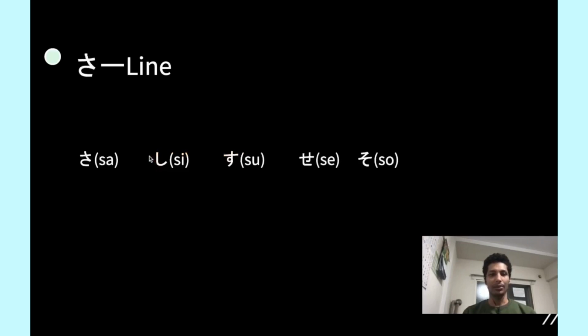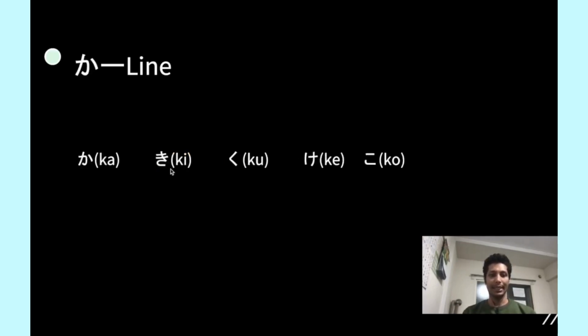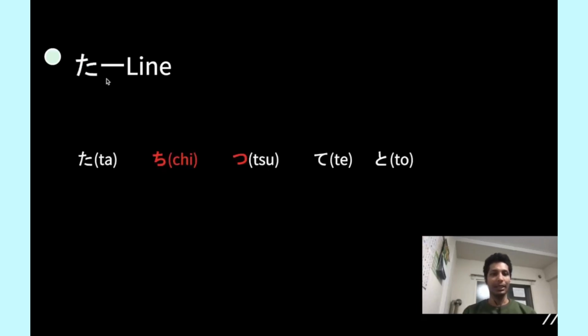Until now we had si, or we had ki corresponding to ka, but in the ta line we have ta, which is pretty much similar to what we had in the past, like ka or sa. But when we go to the next, this becomes chi. It means we don't have any ti.